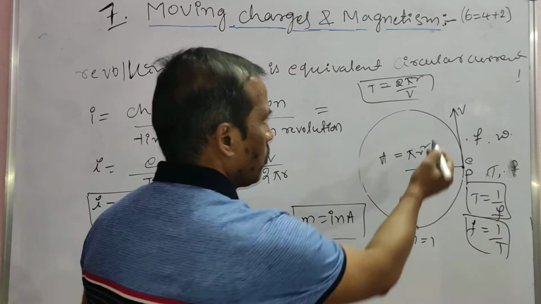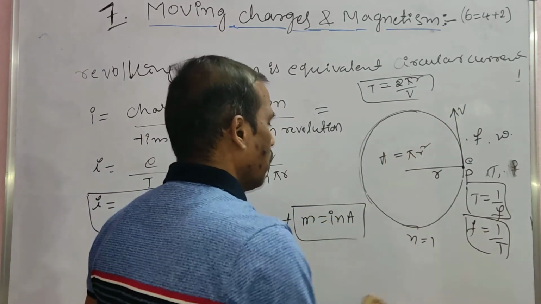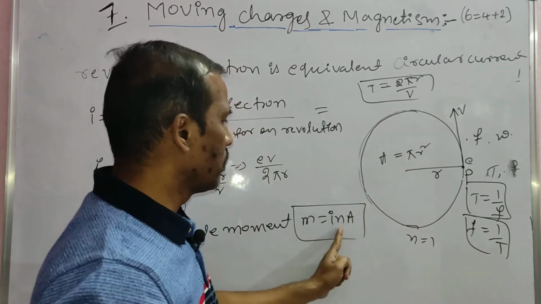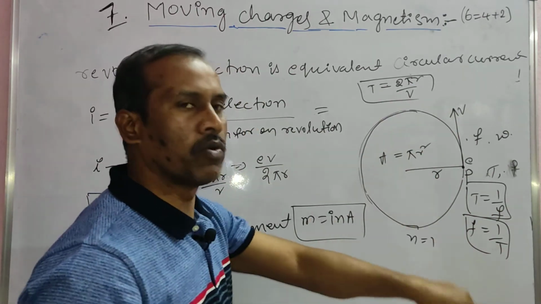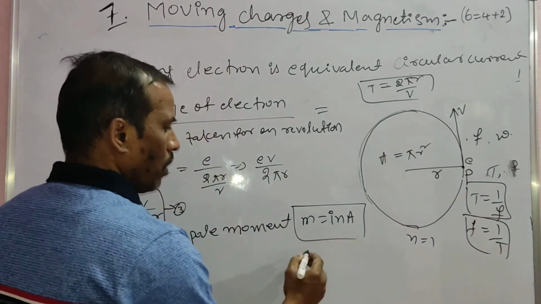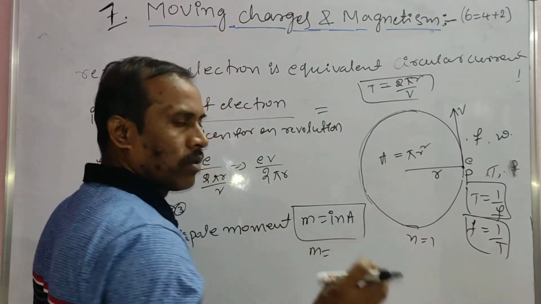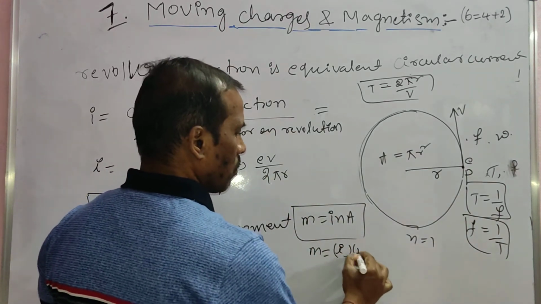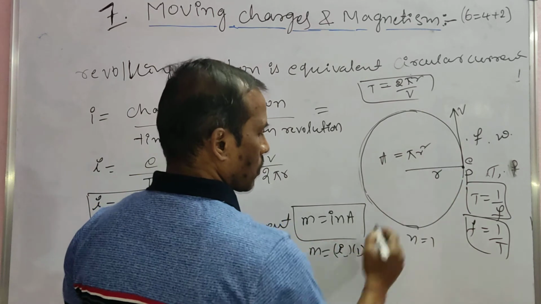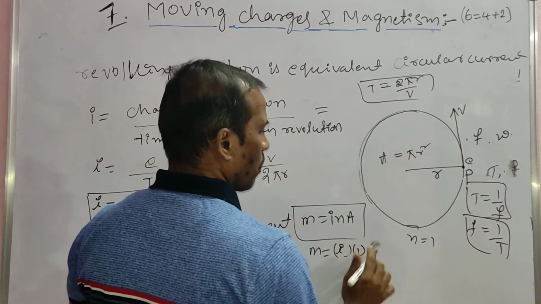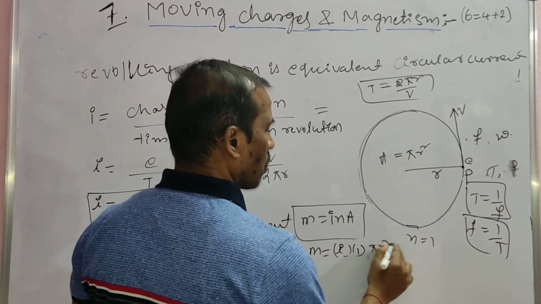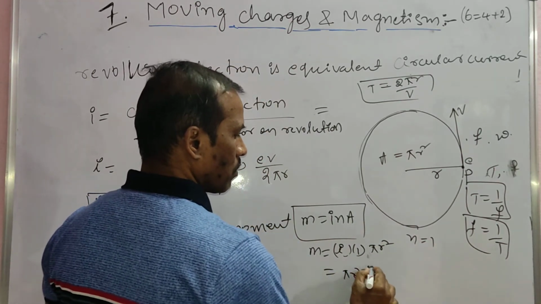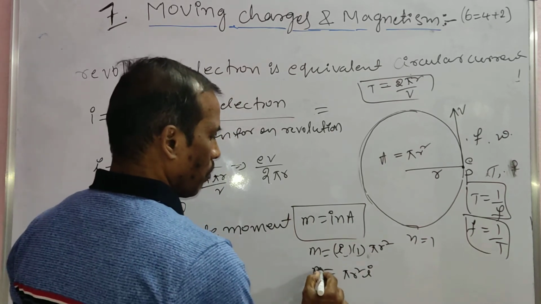So m, the magnetic dipole moment, is equal to I into 1 into A, where A is equal to pi r square. That is m equal to pi r square I. This is the magnetic dipole moment.